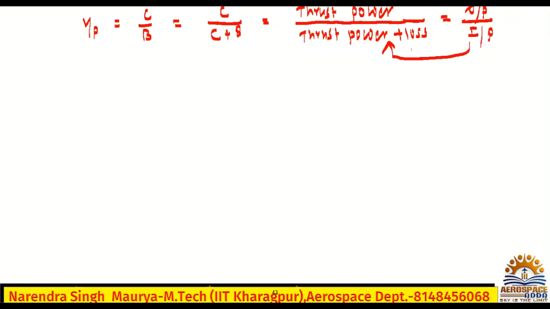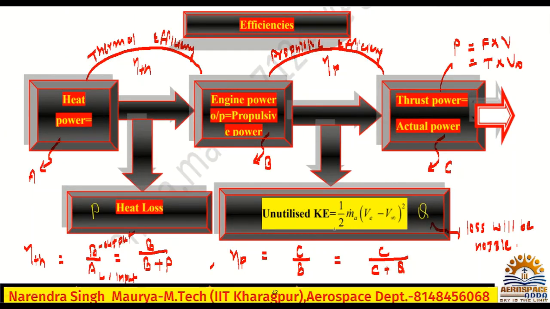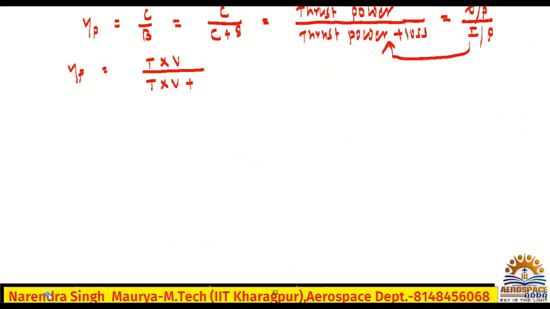So here also I can write eta P is equal to thrust power, which is force into velocity, or thrust into velocity, divided by again thrust into velocity plus, what is the loss here? It is unutilized kinetic energy in nozzle. Yes or no? That's the formula.